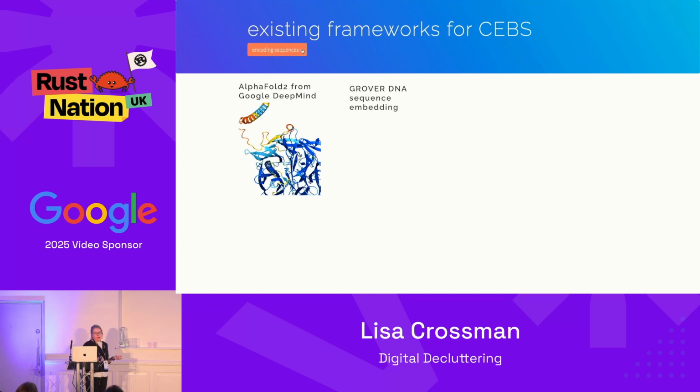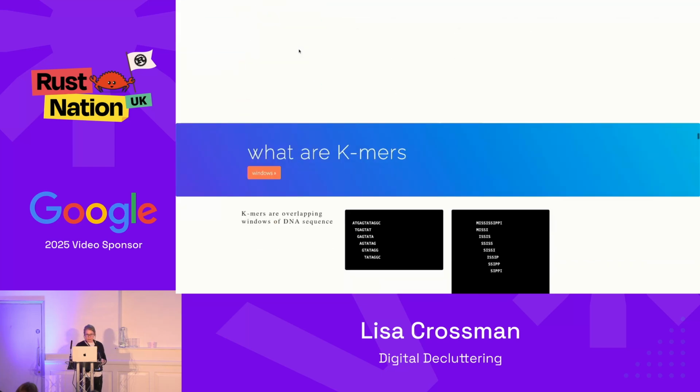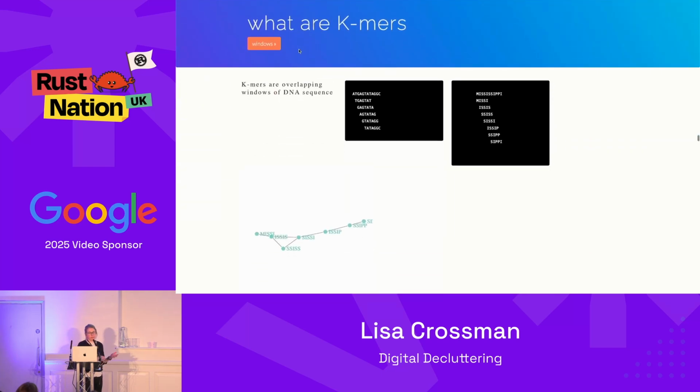There's another thing which I've found recently called Grover, which does DNA sequence embedding, and that uses small pieces of DNA. And of course, we just talked about this before, the Oxford Nanopore base calling, and they were calling 6mers of that squiggle plot. So those are k-mers. And what are k-mers?